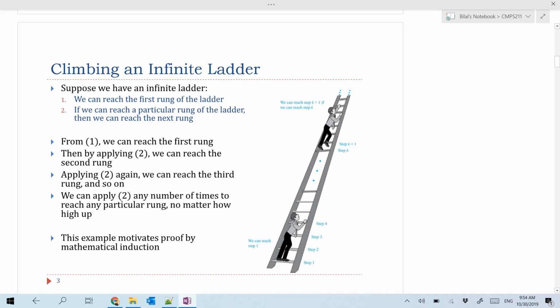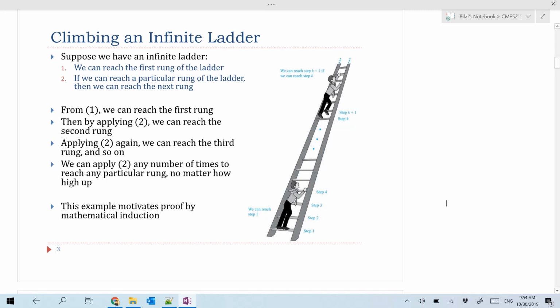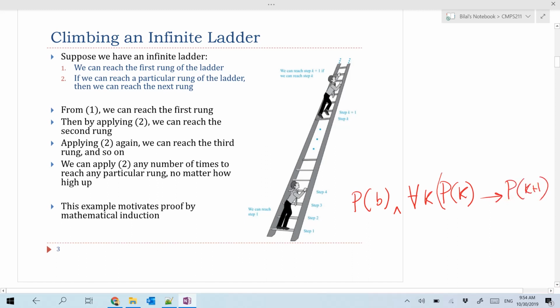So the idea is that if your property is true for a base case, and for every k, for every step, if the property is true for that step k, then necessarily the property is true for the next step also.